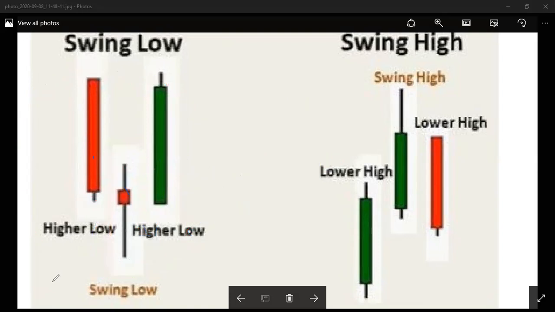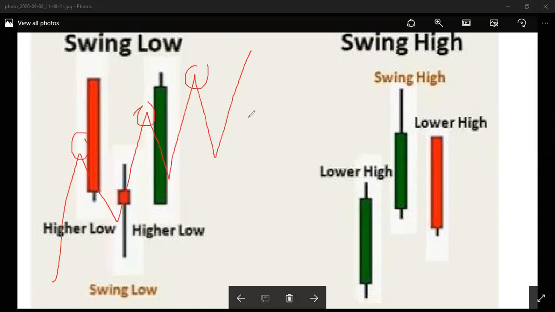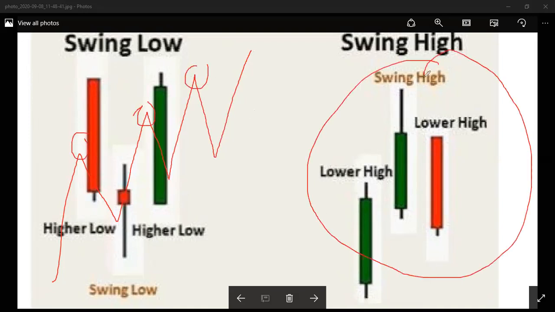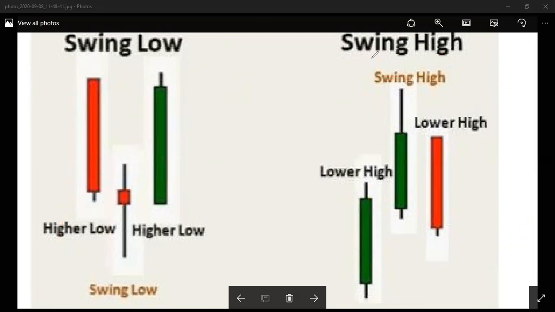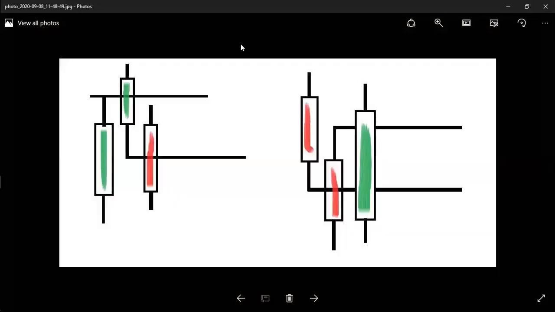And then for a higher high, we are looking at this one, a swing high. Same thing, three candles, 1, 2, 3. The middle candle is higher than the two candles. That's a higher high. Another example is this one.